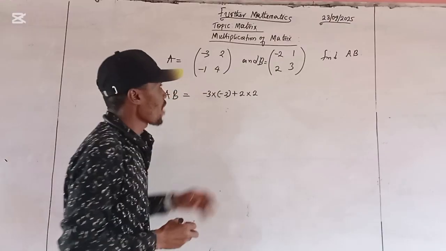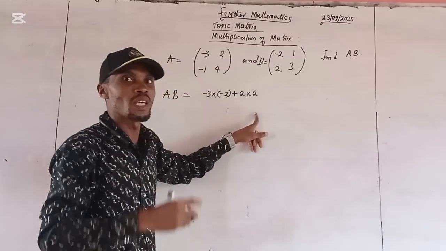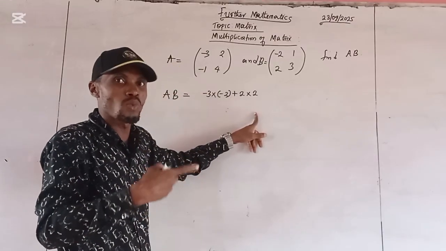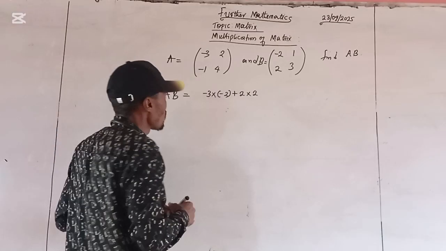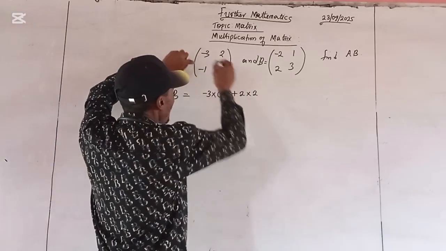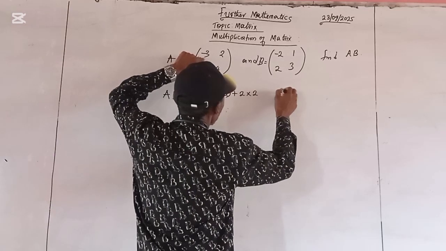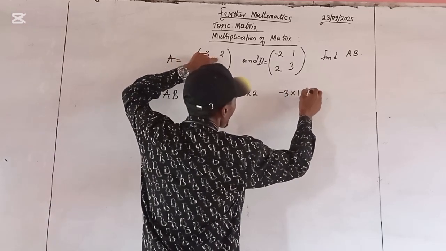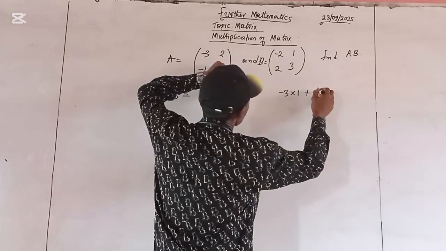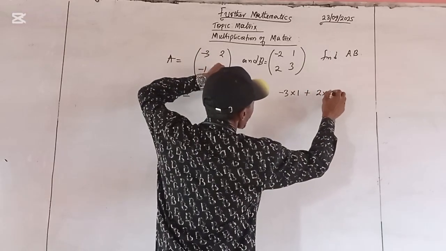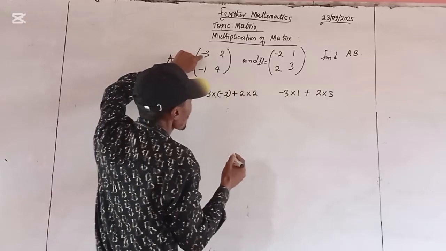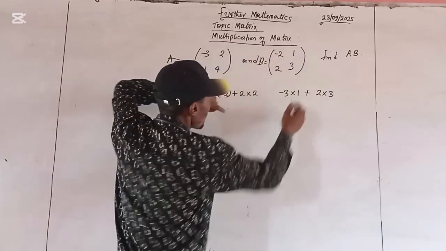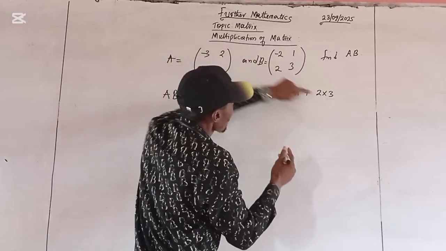In that case, I have established the first element in the said matrix we want to get the product. So I go again, -3 times 1 plus 2 times 3.